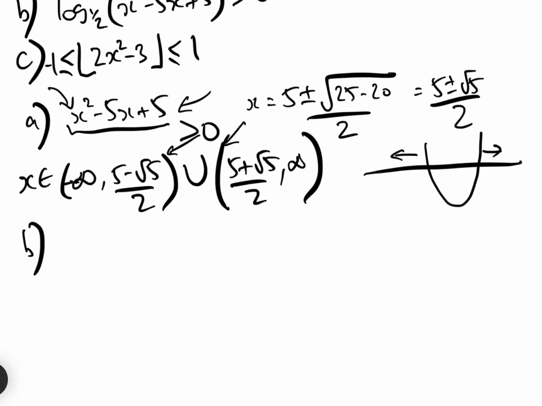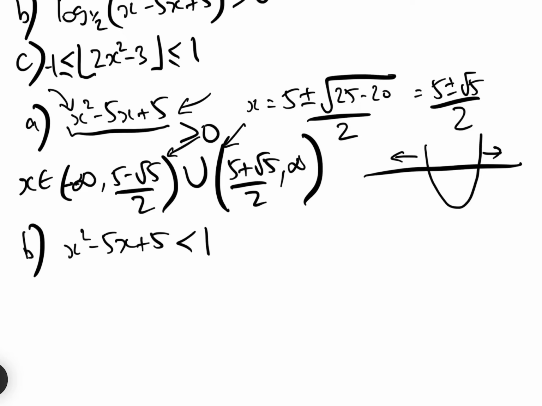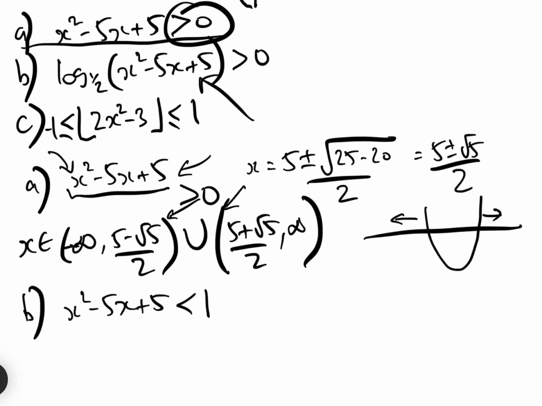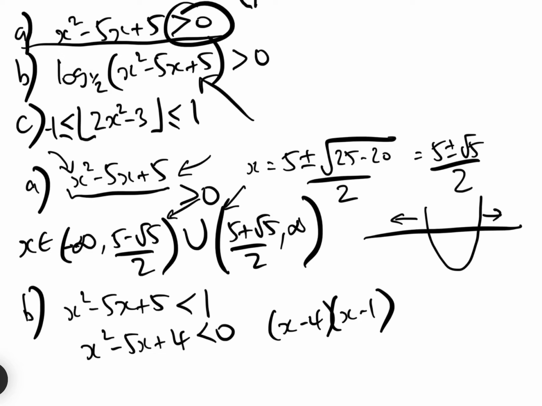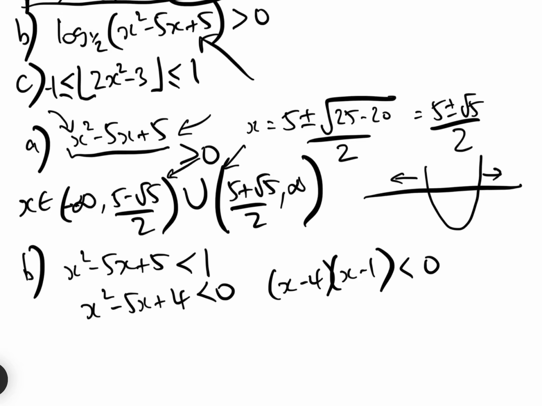So for B, x squared minus 5x add 5 must be less than 1 in order that the function has a value. That gives us x squared minus 5x add 4 has got to be less than 0, or we can factorise that as x minus 4, x minus 1 has got to be less than 0.